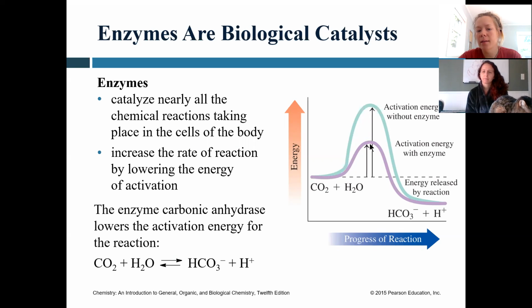When we add a catalyst, specifically this carbonic anhydrase, it drops the activation energy. So the hump I have to quote unquote get over, energetically speaking, is much lower. So it's like half the amount of energy. So if it takes half the amount of energy or half the amount of collisions or half the amount of product available, or rather reactant available, we can still produce a good amount of the product. So these catalysts will always increase the rate of the reaction by lowering the activation energy, but they themselves are not consumed.